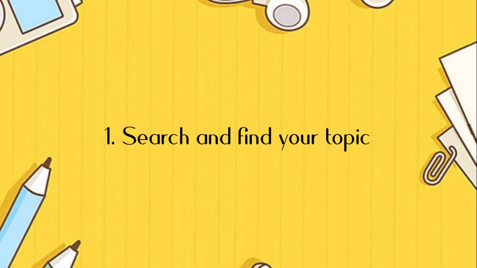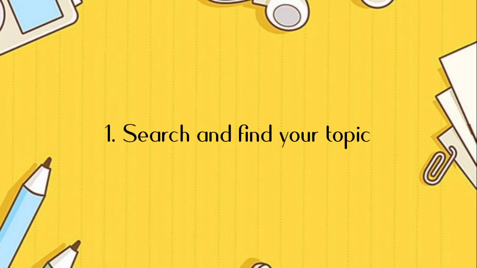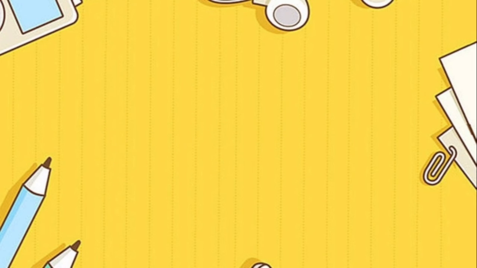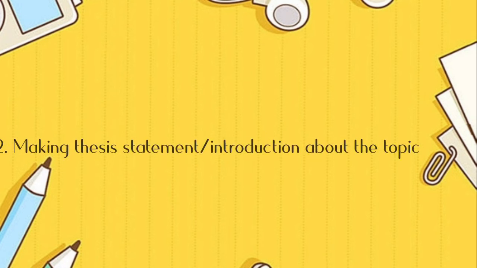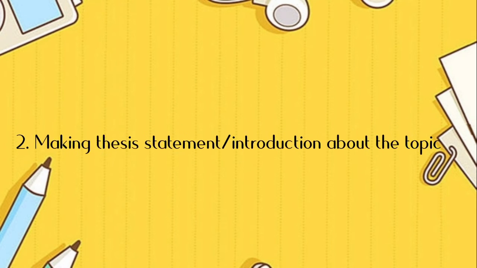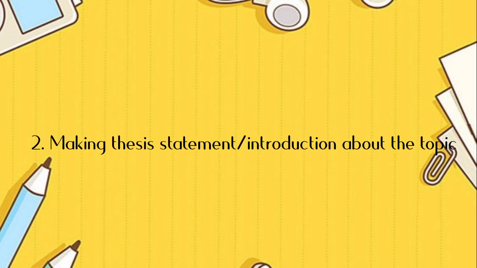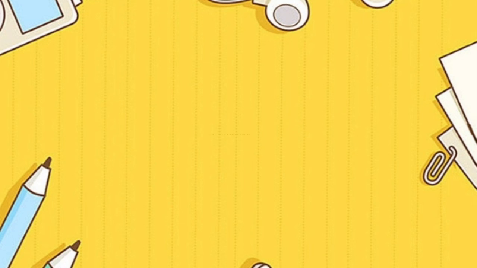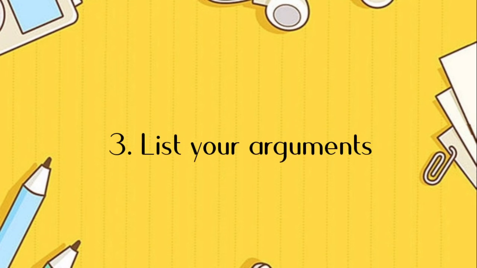And then if you have found the topic, you should make an introduction about the topic to give the reader a basic understanding about the topic. And then you try to list your argument first.